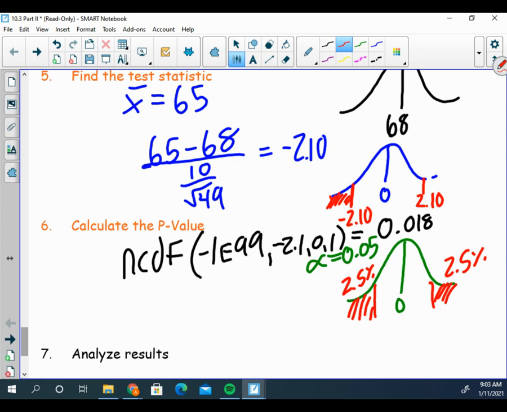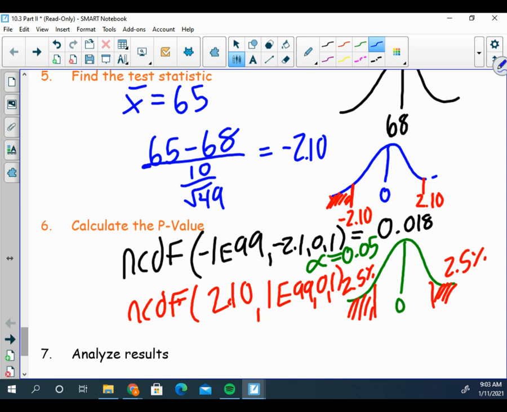Now, where this gets really nice is your brain might go, okay, well, I'm going to have to run normalcdf again, and I'm going to have to do 2.1 to 1E99, 0, and 1. But there's actually an easier way. This will get you the right answer, but there's an easier way to do it.